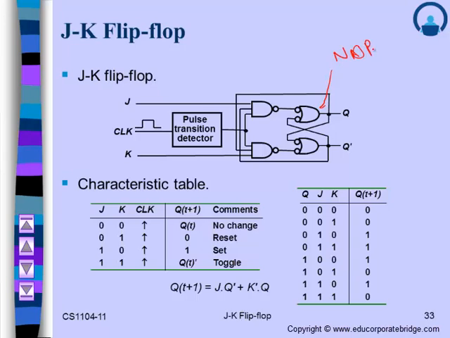You can say NOR latch, a simple latch. So it doesn't have this. This is a pulse detection circuit. That is, when J is equal to 0 and K is equal to 0, we get the output as no change. When 0 and 1, we get the output as reset. When 1 and 0, we get the output as set. And 1 1, here we get the toggle.